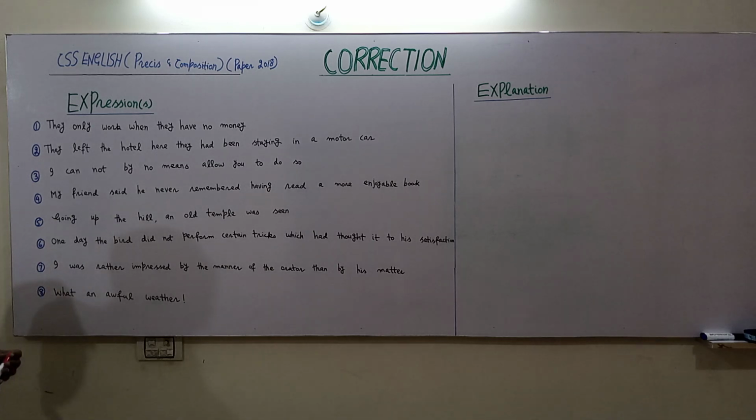The fifth is, going up the hill, an old temple was seen. The sixth is, one day the bird did not perform certain tricks which he had thought to his satisfaction. The seventh is, I was rather impressed by the manner of the orator than by his matter. The last is, what an awful weather.